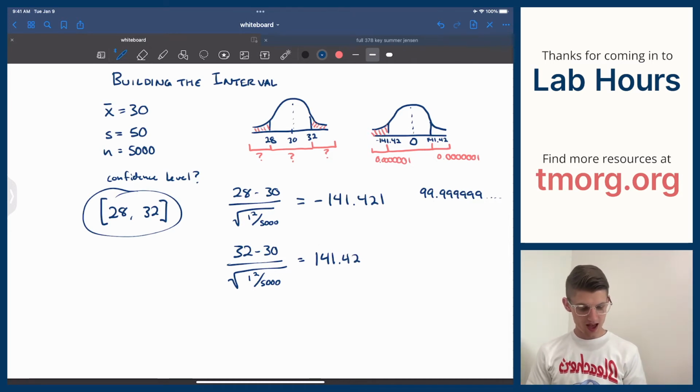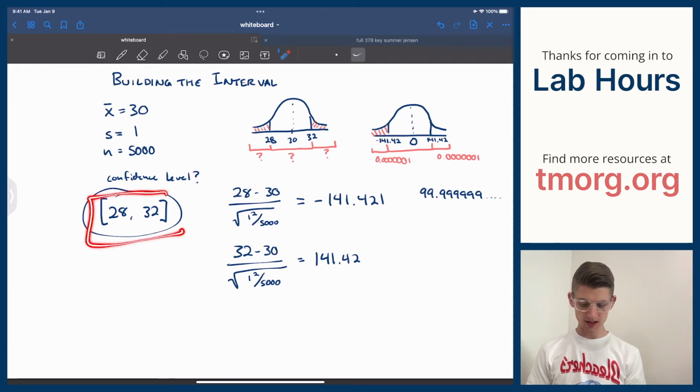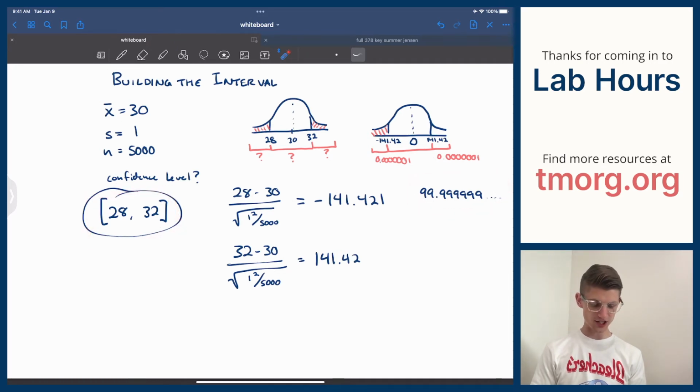right? Basically, at this point, let's eliminate this and let's actually move away from that for a second, because this example is only helpful to a certain extent because this is not really a practical number, right? Why would they bother giving us an interval that has such a high chance of containing the mean that it's almost useless, right?